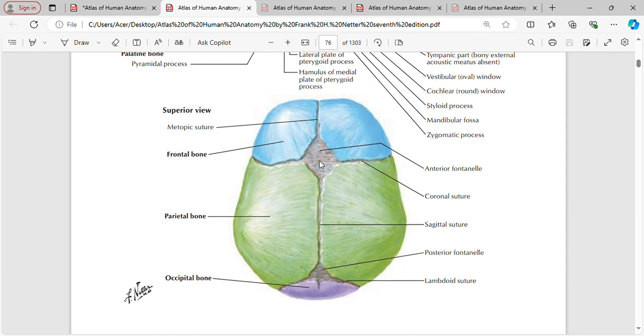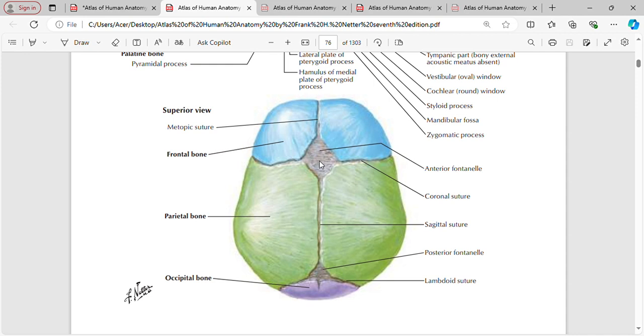And why is this so in the case of the infants or the neonatal skull? The reason is that the brain needs to grow, and if there are no fontanelles and the skull has complete sutures at the time of birth, of course when the brain grows, the skull won't be able to accommodate that, right?